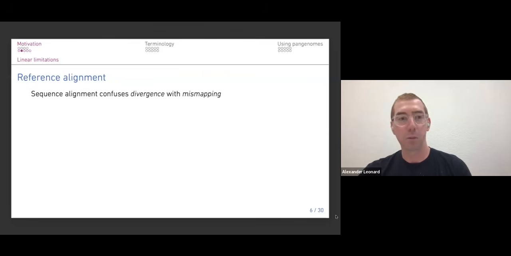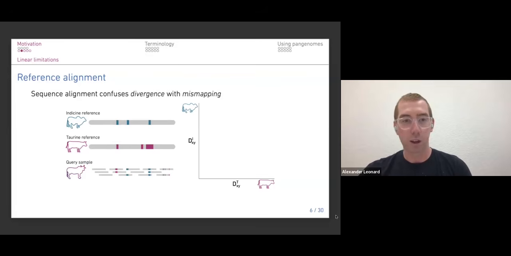This becomes a bigger problem when we talk about something like reference alignment, where, when you're doing sequence alignment, it's very easy to confuse mismapping, so a read mapping to the wrong location, with genuine biological divergence, where your sequence contains true differences from the reference genome that make it look like a suboptimal mapping. And again, we can walk through a toy example.